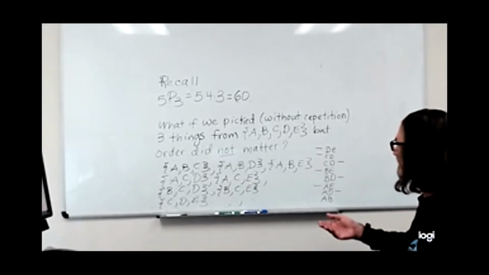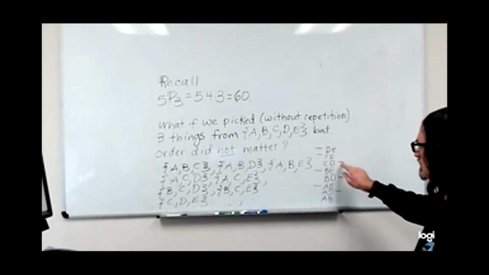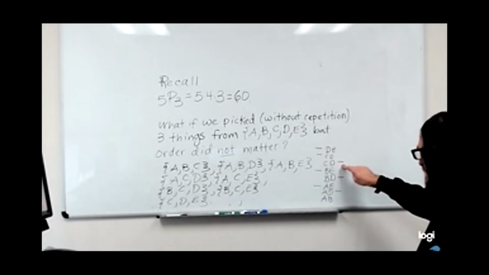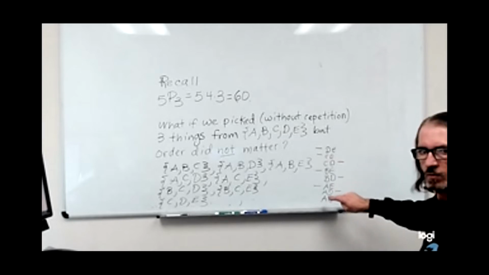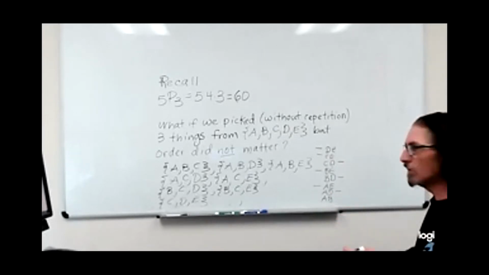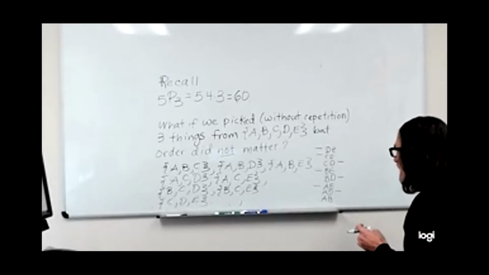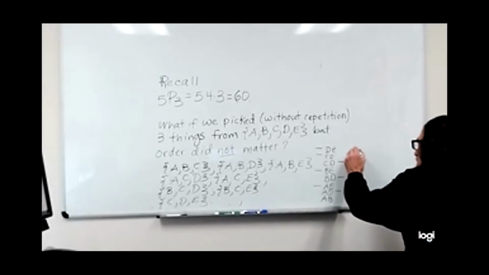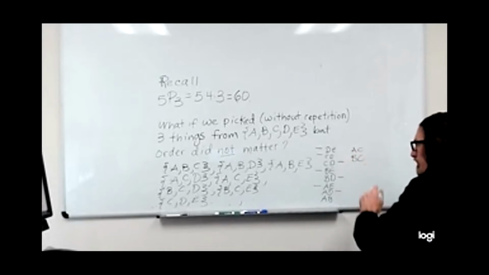So now let's see how many ways I've left out C. Here's 1, 2, and looks like that's it. So what I've missed leaving out was both AC and BC.